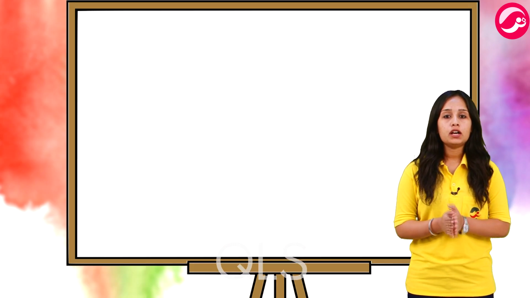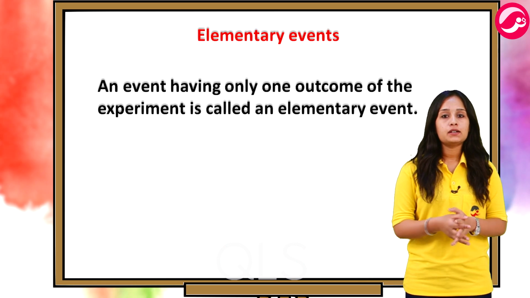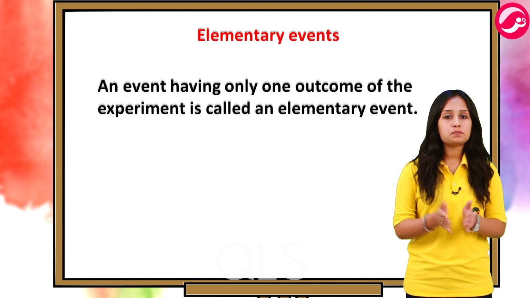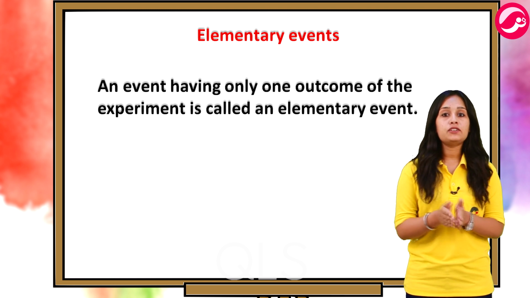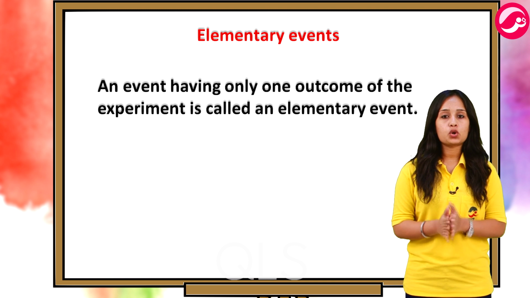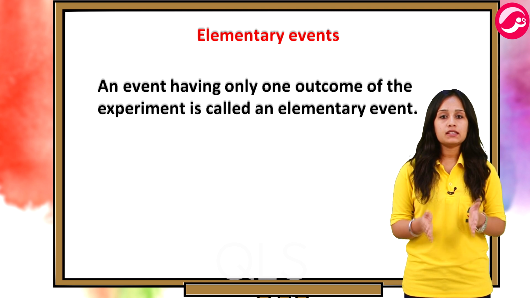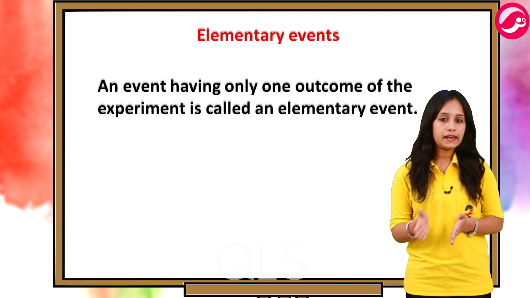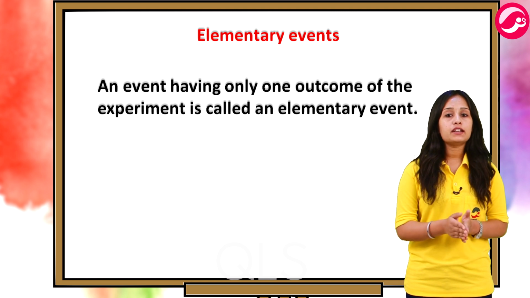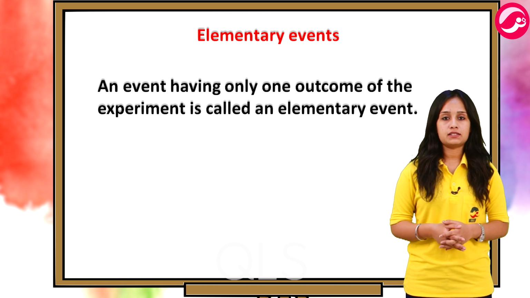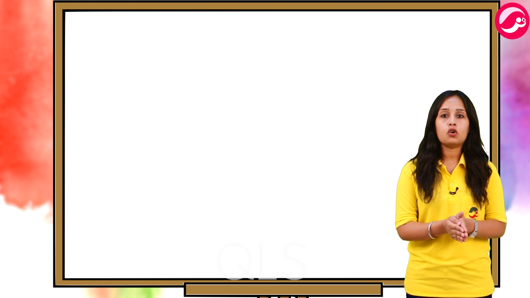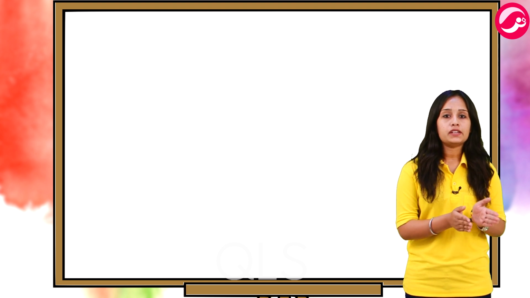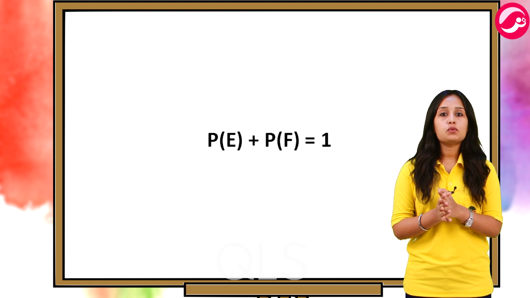Now first of all, I want you to know that an event having only one outcome of the experiment is called an elementary event. In the example we saw in the previous session, both the events E, which was occurrence of heads, and F, which was occurrence of tail, are elementary events. Also in the examples we saw, we noted that P of E plus P of F is equal to 1.